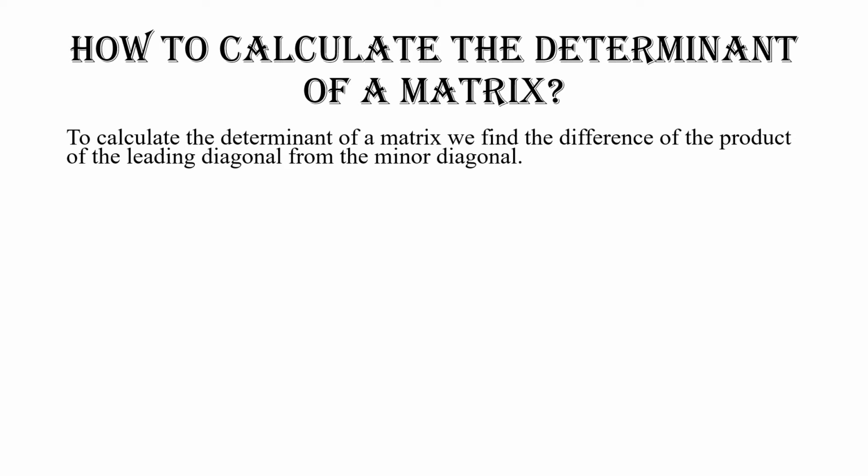To calculate the determinant of a matrix, we simply have to find the difference of the product of the leading diagonal from the minor diagonal. That might sound complicated, but let's look at a reference. Here we have an example. Look at matrix W. By the way, this is the symbol for determinant, a modulus sign.